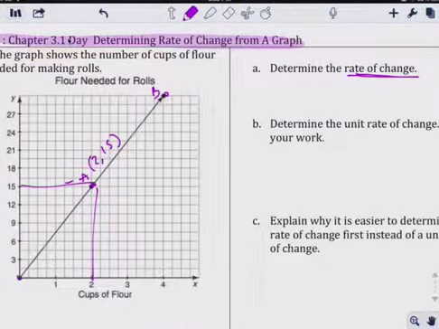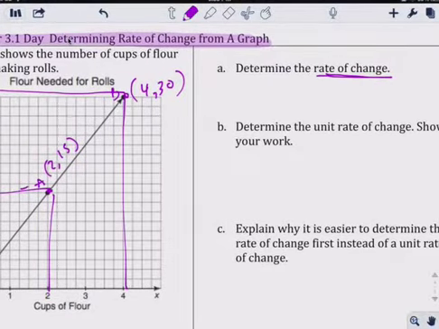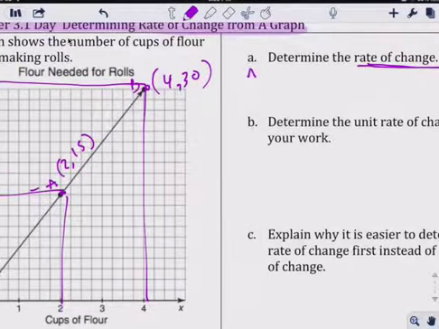And B is 4, 30. It's going up by 2 on the x, adding 15 each time, so 30.